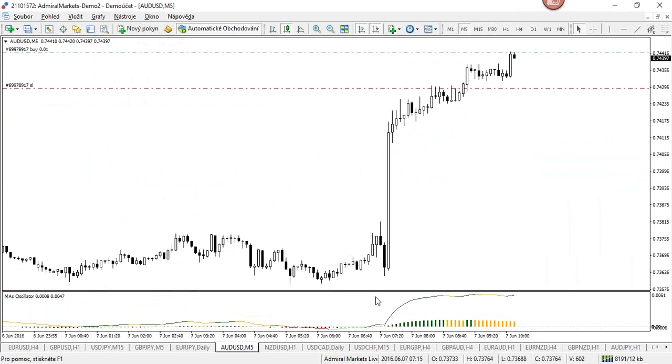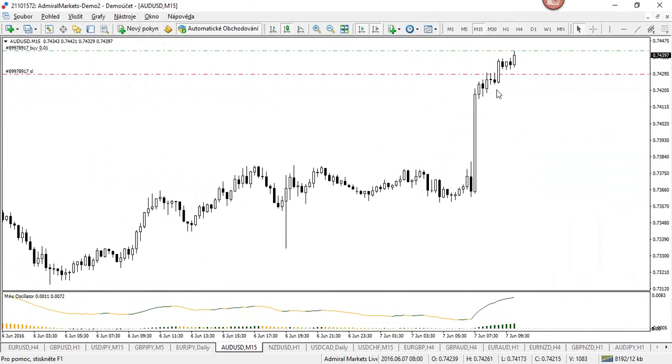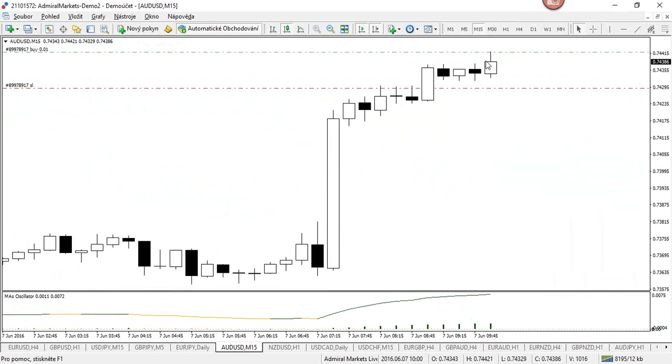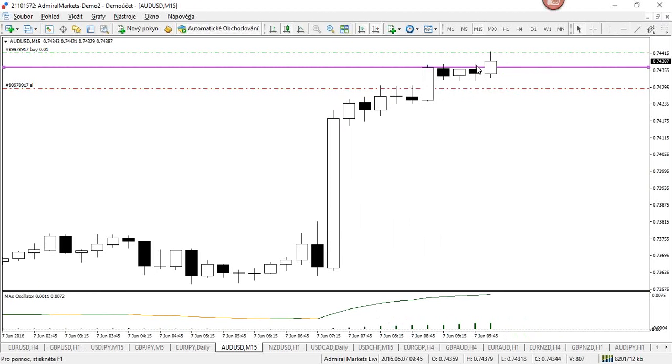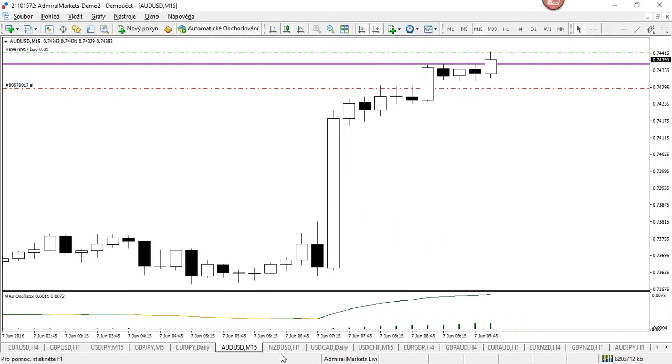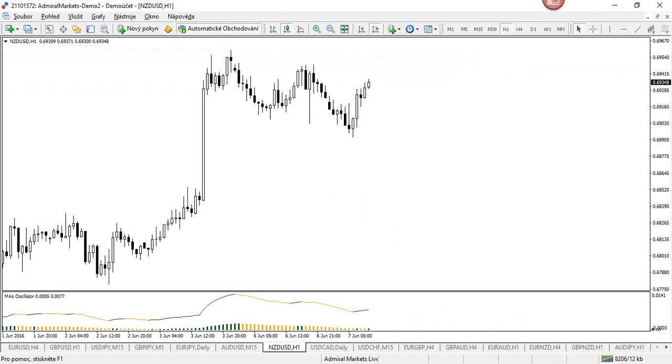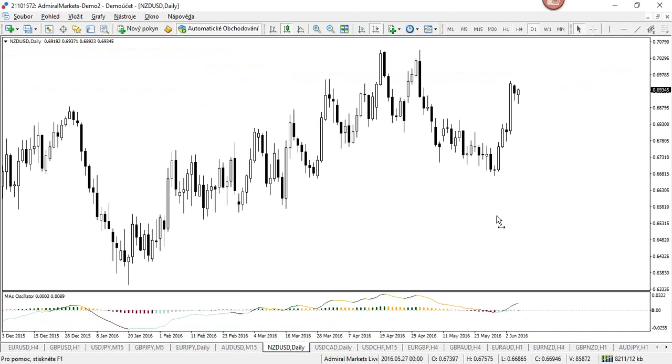So next, let's take a look at the Kiwi. 50-minute chart could still also be good, by the way, to see if the candle closes indeed above this high. That could have been a bit better, perhaps. But anyhow, let's take a look at the Kiwi. Kiwi is up on a daily.